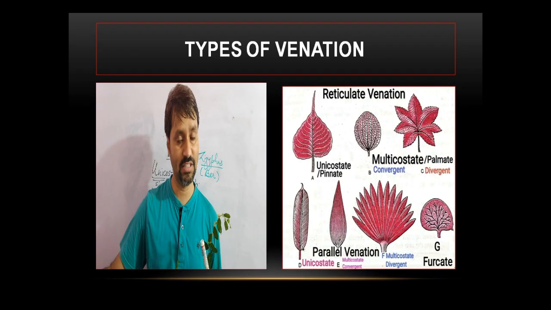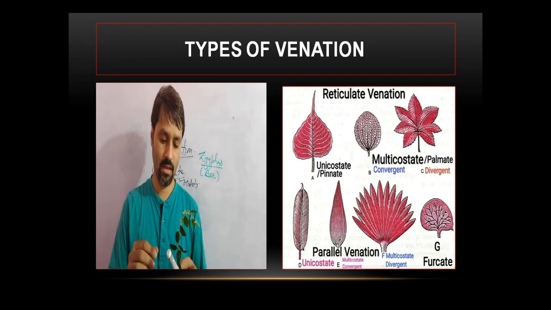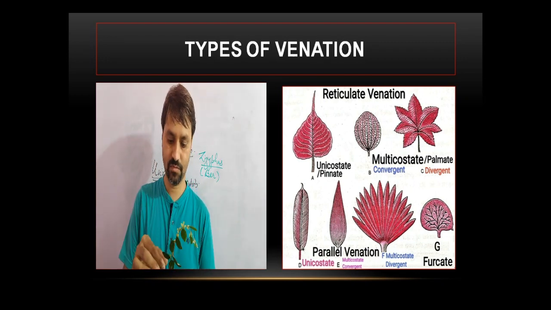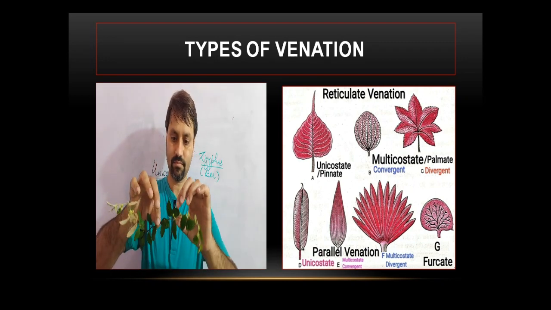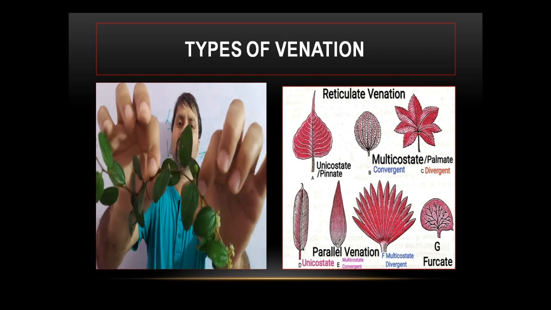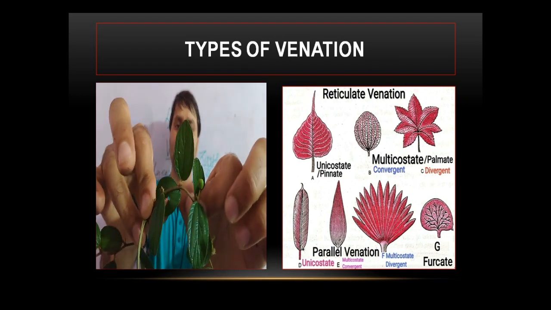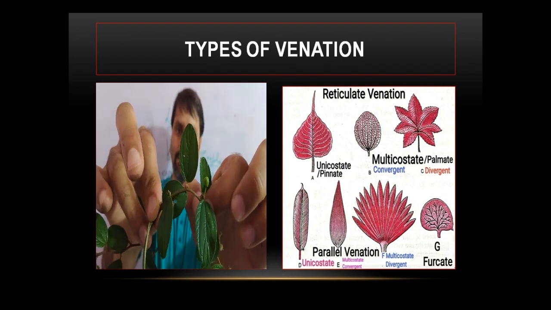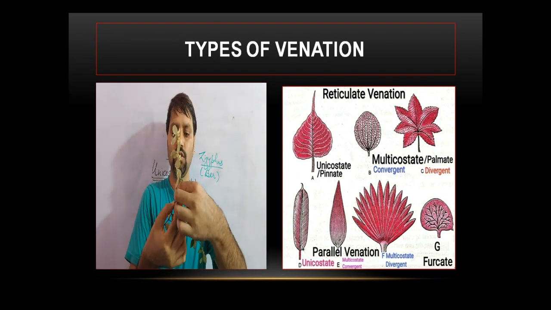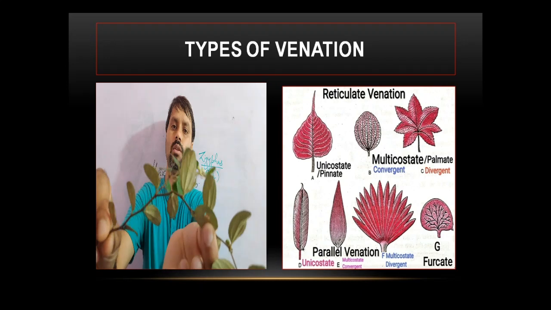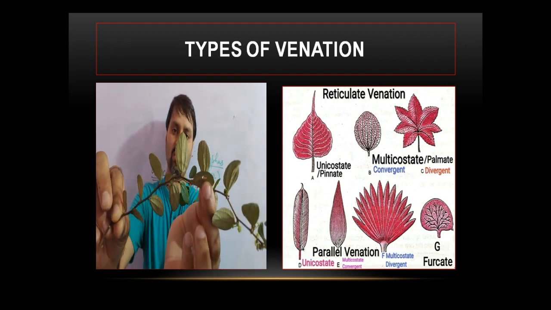बेर में देखें, डाइवर्जेंट कुकुरबिटा कद्दू में देखेंगे. See here, single leaf. When we observe the single leaf, it is in front of you, my dear friends. This is the adaxial side, upper surface. Also observe from the lower surface. This is the lower one.